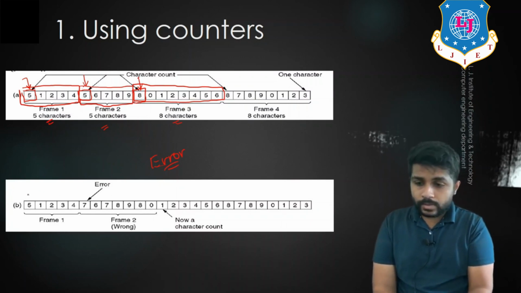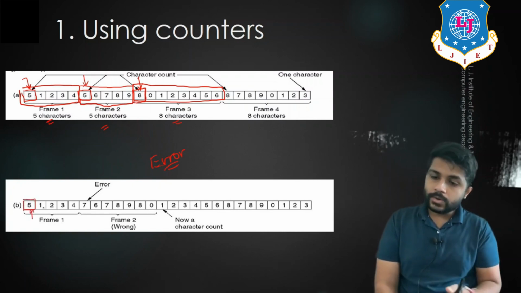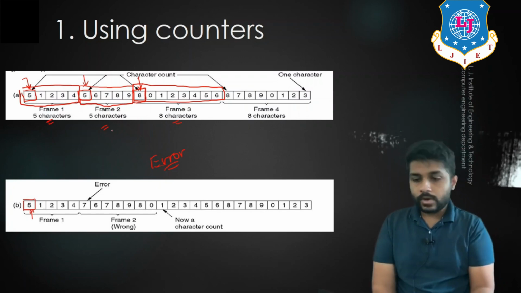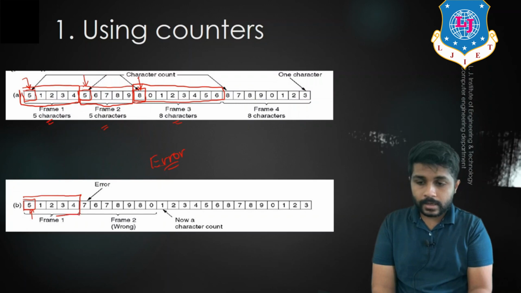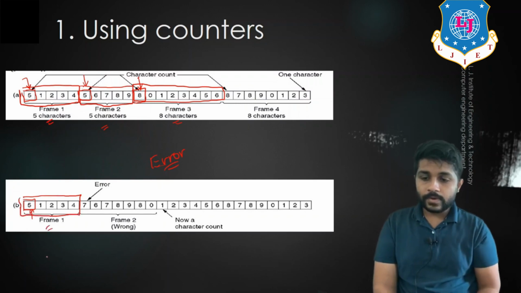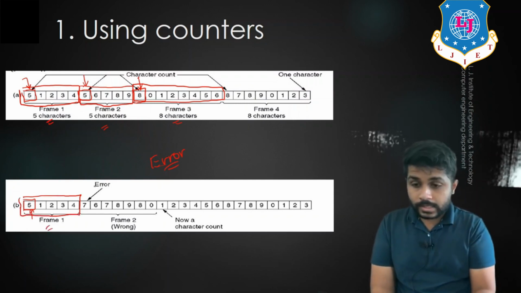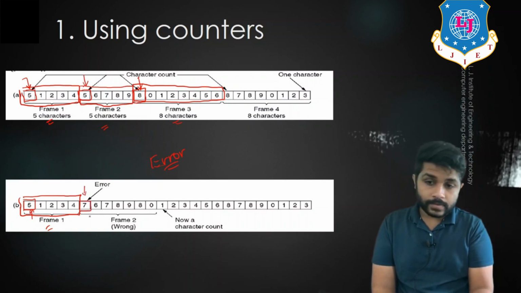So you can see that now the receiver is receiving the first character. Because the value of the first character is 5, the receiver knows that there are a total of 5 characters in the frame. So it will receive 5 characters and consider them as one frame. Now the receiver is receiving the next character and its value is 7.